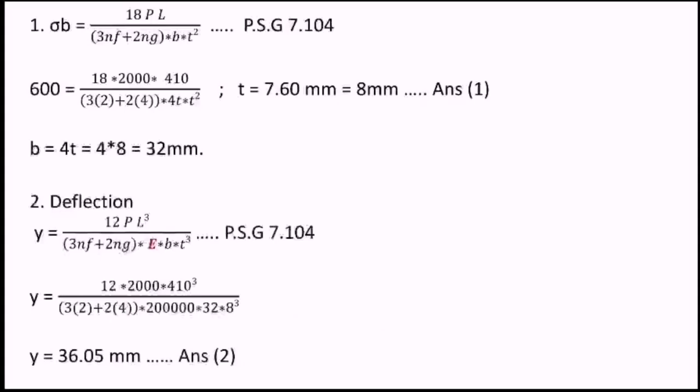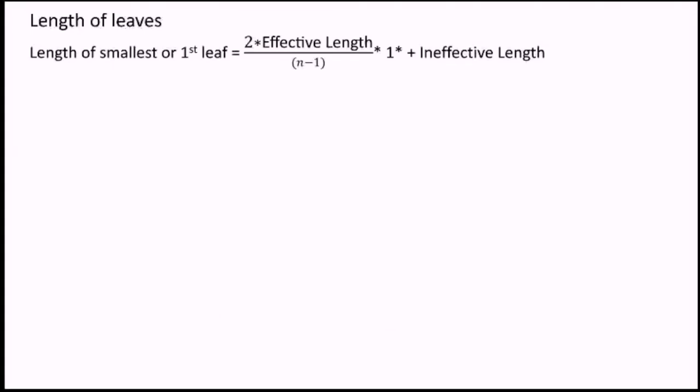Next is we are required to find out length of the leaves. So as there are 6 leaves, we need to find out length of each leaf. We have the relation length of the smallest or the first leaf is equal to 2 multiplied by effective length divided by n minus 1 multiplied by i plus ineffective length.